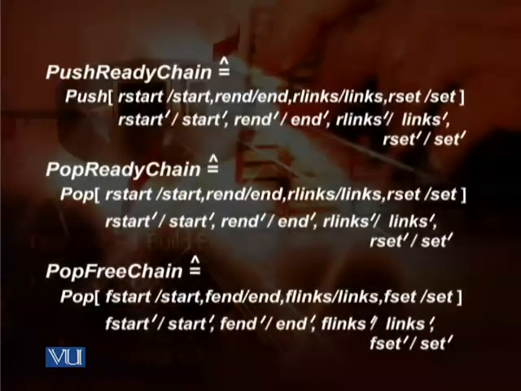So push ready chain, we get it by replacing start with r start, end with r end, links with r links, set with r set, and start dash with r start dash, end dash with r end dash, links dash with r links dash, and set dash with r set dash. Pop ready chain, exactly the same mechanism, the same formulation. And pop free chain, once again, exactly the same formulation.